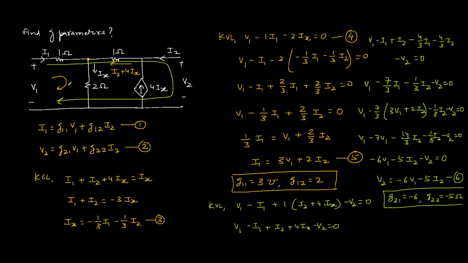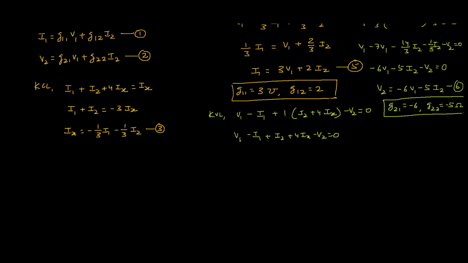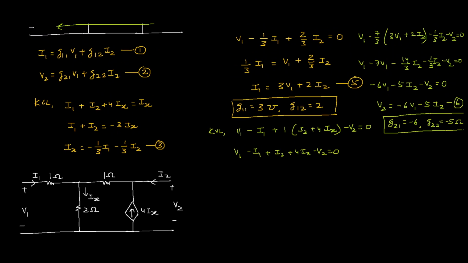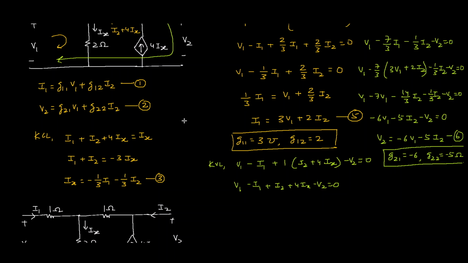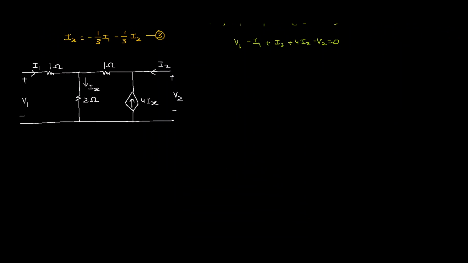Now there is another method in which by making V1 0 we can find G12 and G22, and by making I2 0 we can find G11 and G21. So let us try that method also, and from that method we should get the same result. So first let's make I2 0.